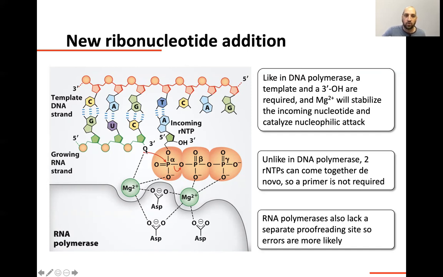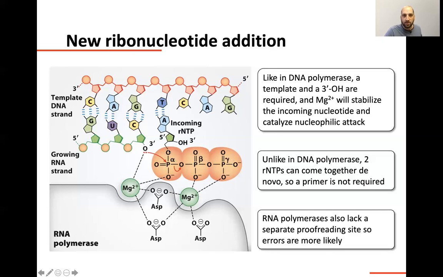When the hydrogen pops off, it's encouraging it to stay as a negative oxygen, to keep its extra electron. This makes it a strong nucleophile, which means it can reach out and grab this phosphate. Just like what we saw with DNA, this magnesium is helping to stabilize the leaving group. And so the combination of these two magnesiums is encouraging this reaction to move forward.